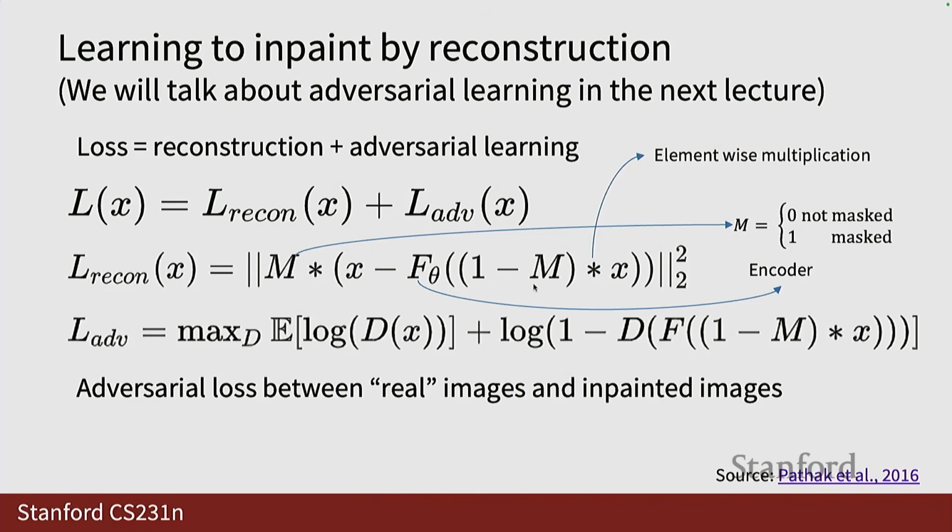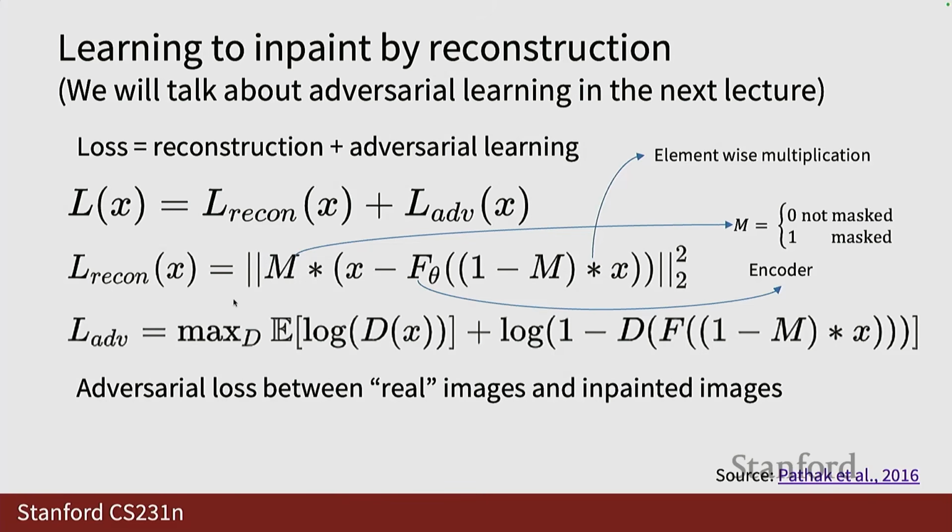And then this is element-wise multiplication. We also have this mask here because we want to only calculate the loss function, the objective function, only on the masked area. So we do element-wise multiplication with the mask as well.